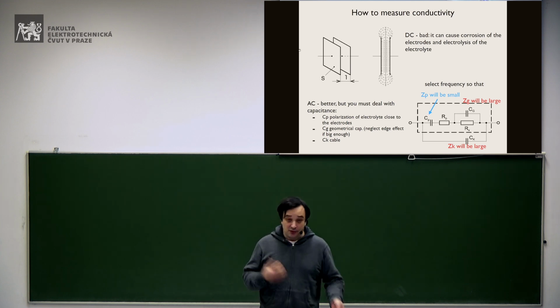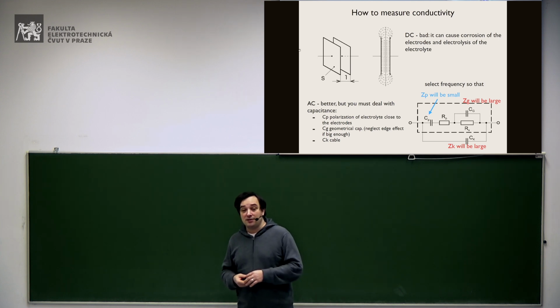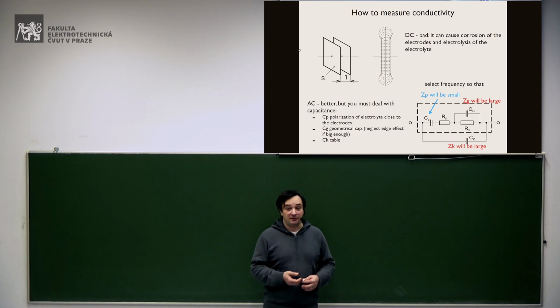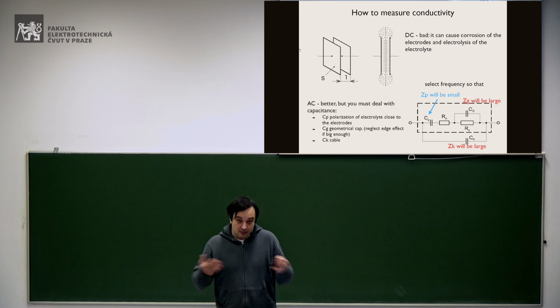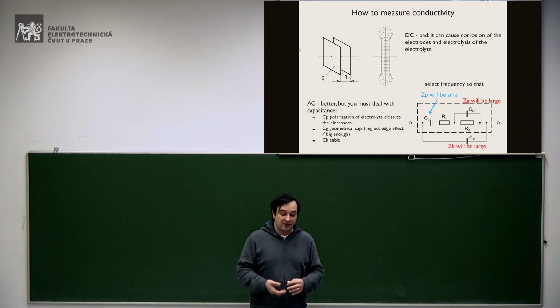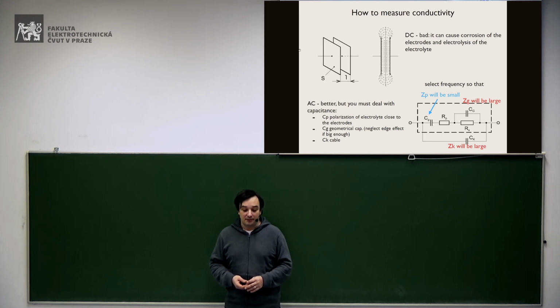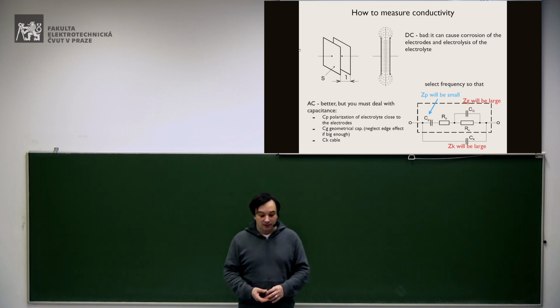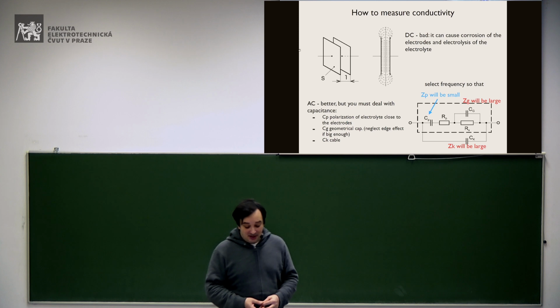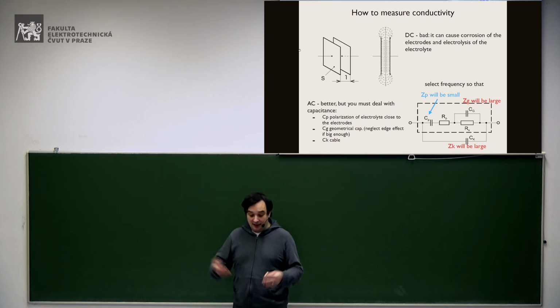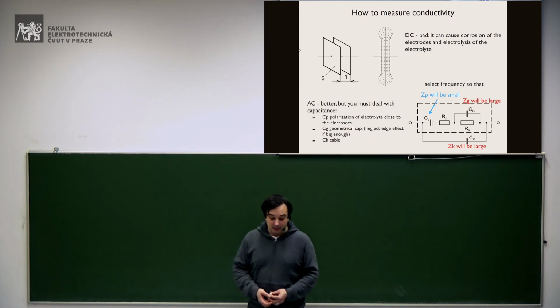So you must choose the frequency so that you minimize the effect of the polarization capacitance, of the impedance based on this capacitance, because the impedance, of course, depends on the frequency, and on the other hand, minimize also the effect of the geometrical capacitance and the cable capacitance.